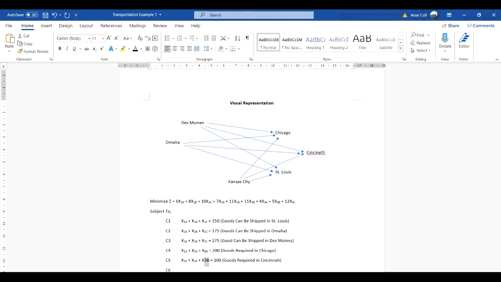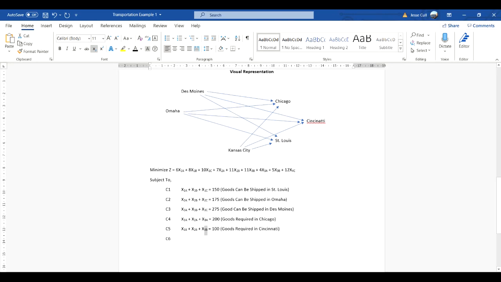We repeat this one more time with our third destination. So X1C plus X2C plus X3C is equal to 300 tons. And that's goods required.